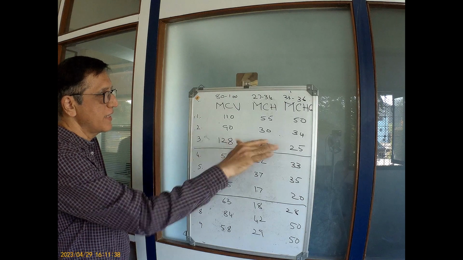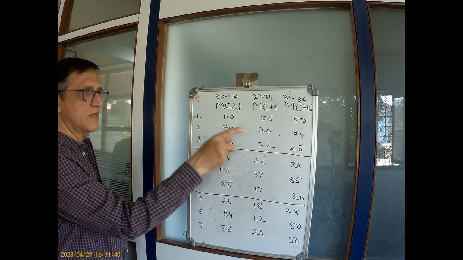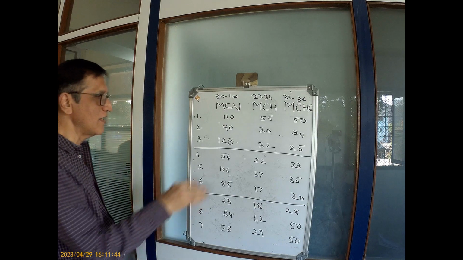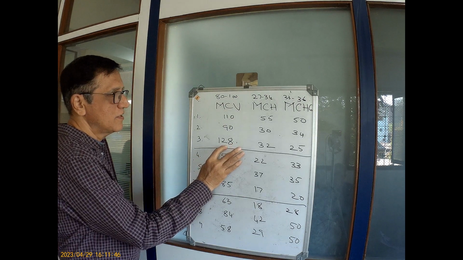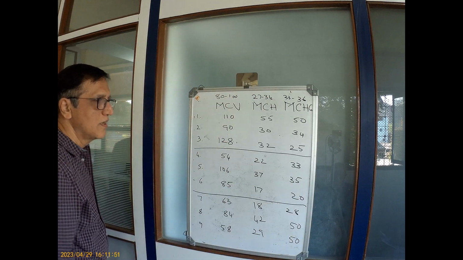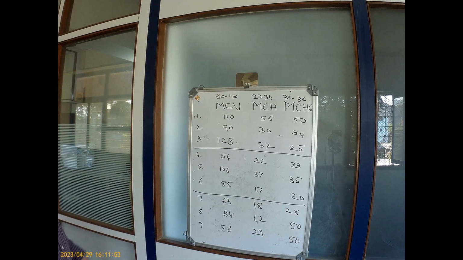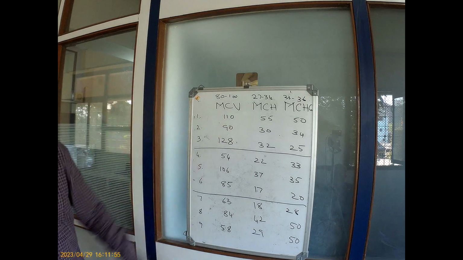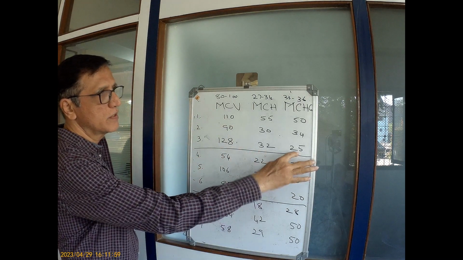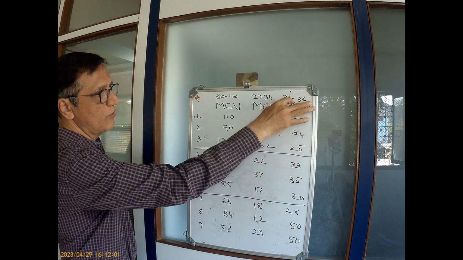Okay. Second one, normocytic, normochromic. Fine. Good. Excellent. This one, macrocytic, hypochromic. Okay. Third one, macrocytic, hypochromic. See this value at the top.